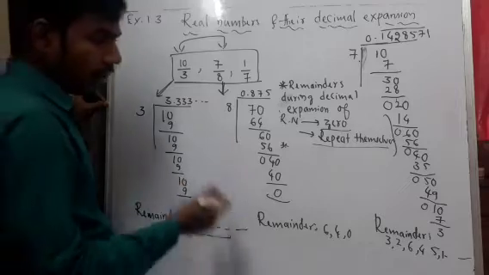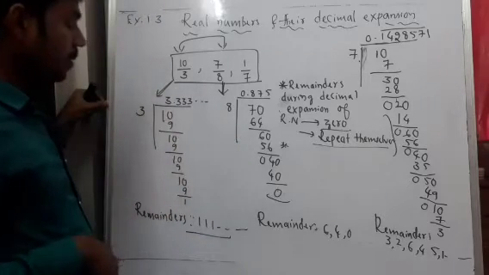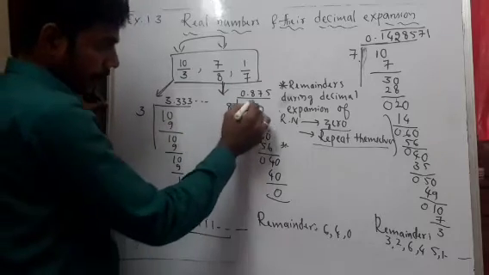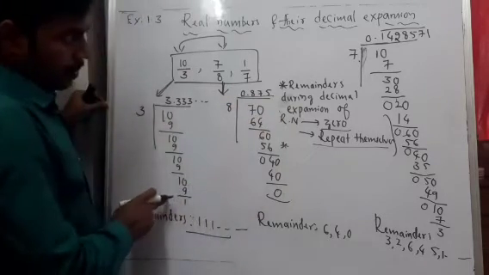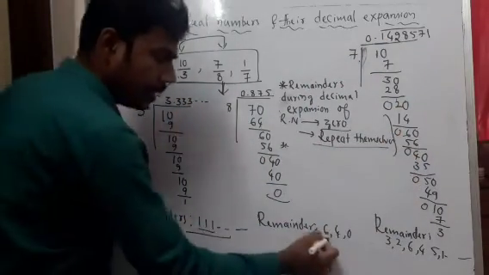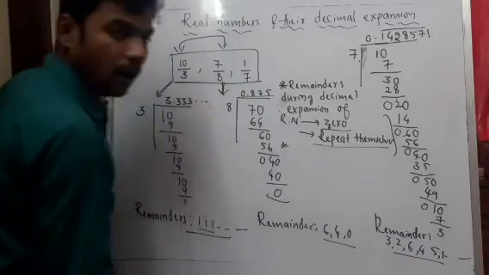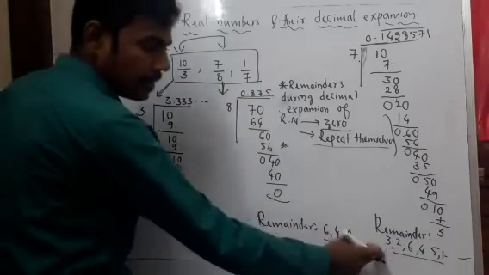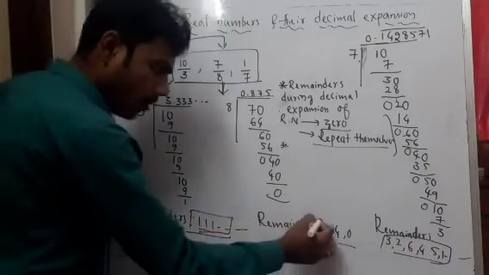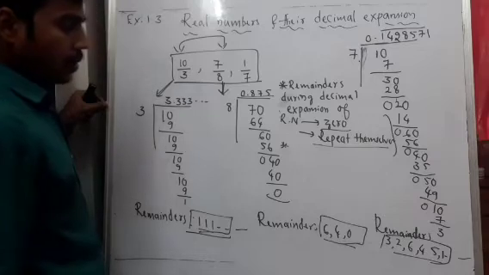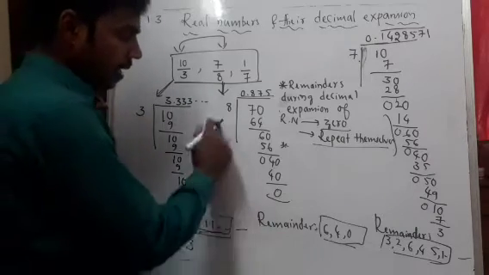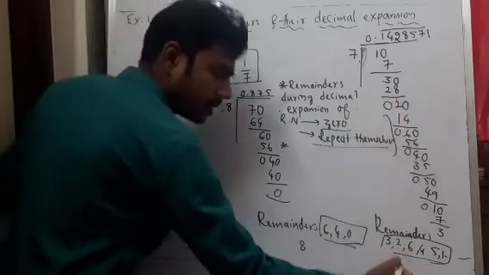So the next thing you can observe is the number of digits in the repeating block of remainders. When you see here, what is the divisor? 3 is the divisor. 8 is the divisor. 7 is the divisor.